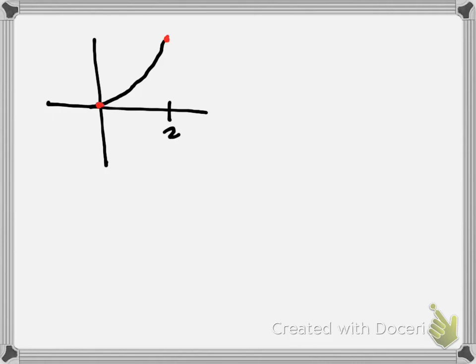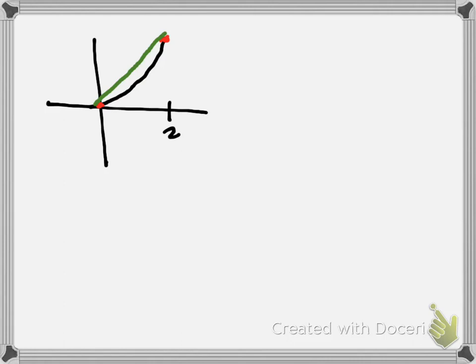Alright, so let's bring our graph over here. That's what we have here. We've got our points here and here. And so let's draw a connecting line between those 2 points. Looks something like that.